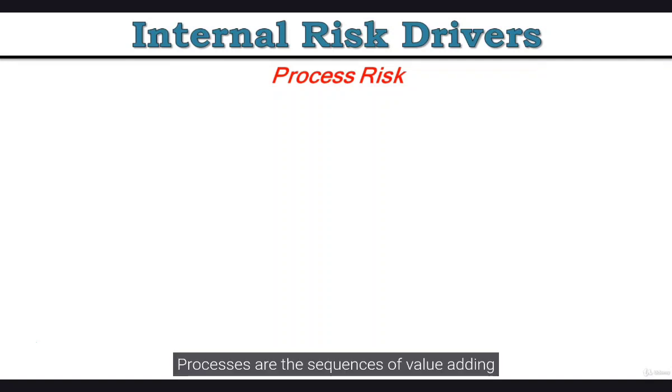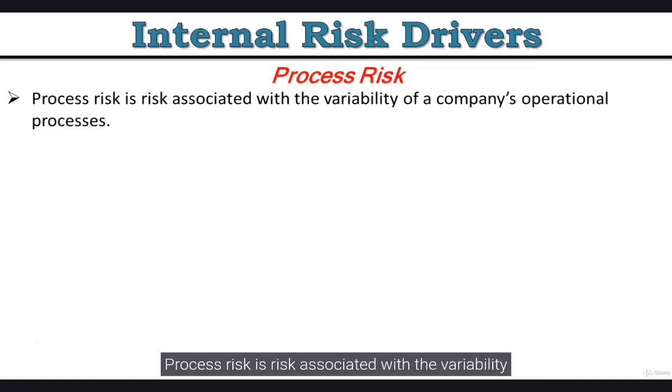Processes are the sequences of value-adding and managerial activities undertaken by the company. The execution of these processes is likely to be immediately dependent on internally owned or managed assets and on a functioning infrastructure. Process risk relates to disruptions to these processes. Process risk is risk associated with the variability of a company's operational processes.